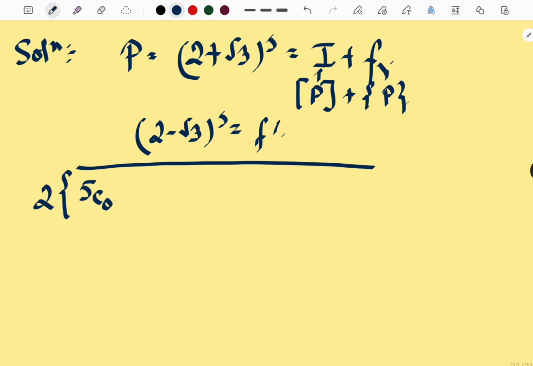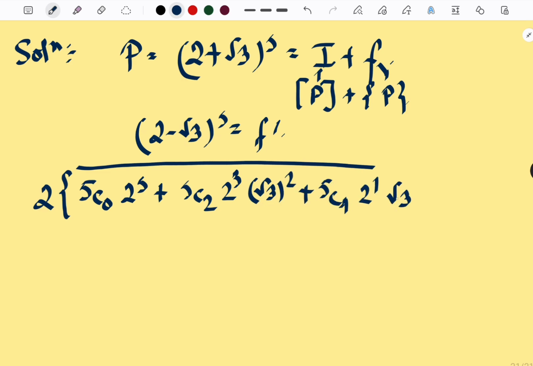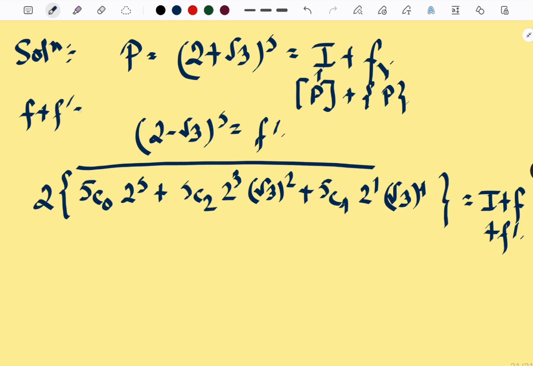So this will become 5C0 2 to the power 5 plus 5C2 2 to the power 3 root 3 squared plus 5C4 2 to the power 1 root 3 to the power 4, which is equal to I plus f dash. Now from many questions, we have already got to know f plus f dash is equal to 1.